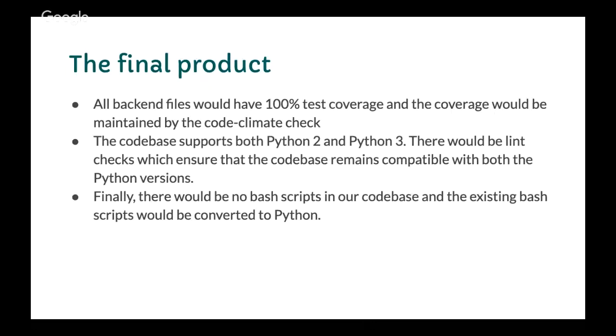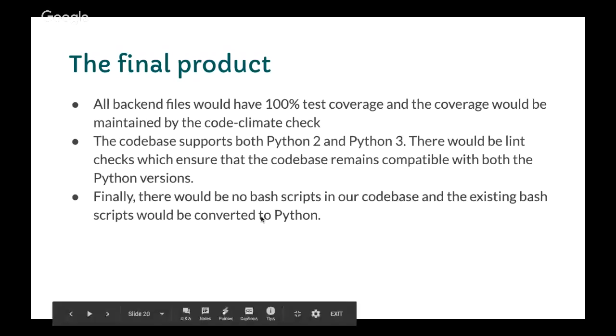The second part is that the code base supports both Python 2 and Python 3, and there will be lint checks which will ensure that the code base remains compatible with both Python versions, regardless of future PRs. And finally, there would be no bash scripts in our code base, and the existing bash scripts would be converted to Python. Thank you, everyone. That was my project.